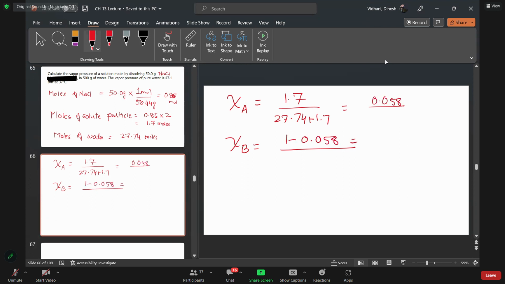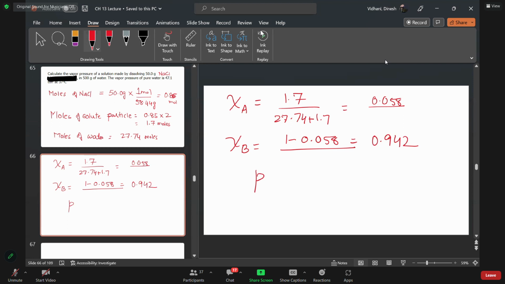What is that number? Now, you could have gone directly for the mole fraction of B, but I want you guys to practice on it. That's why we are doing mole fraction A, B, and then we'll be using B. So 0.942 is the mole fraction of B.